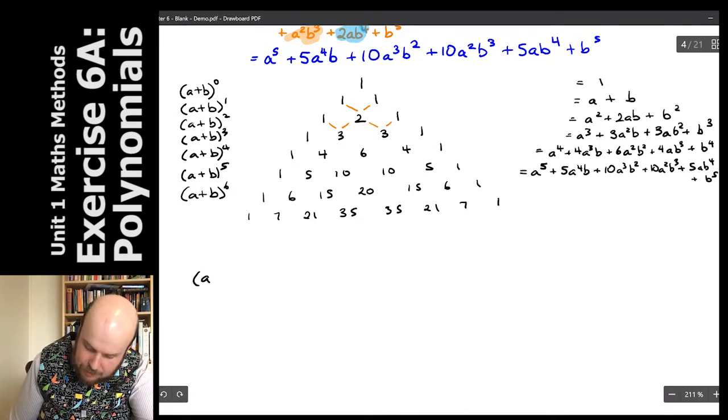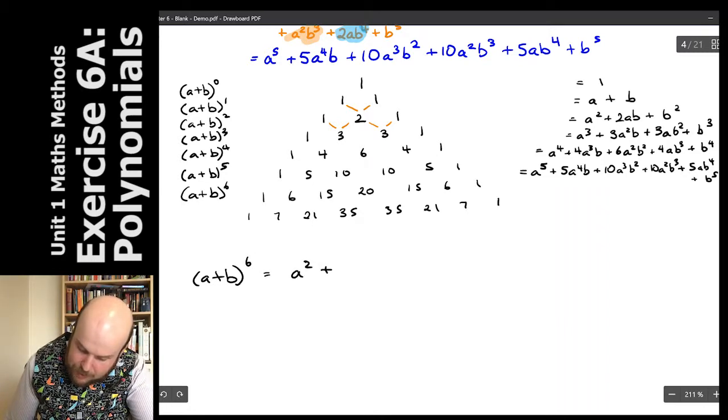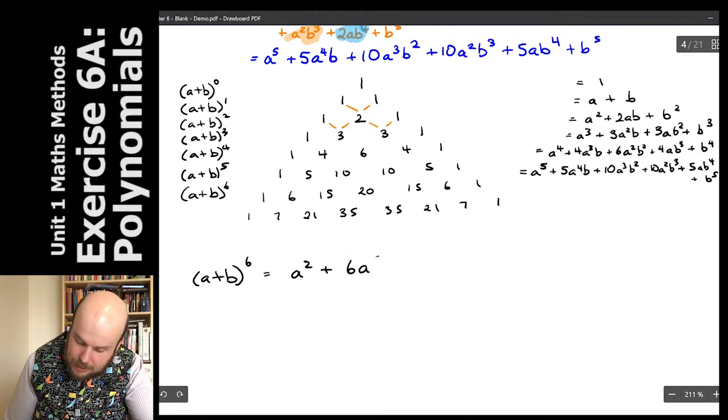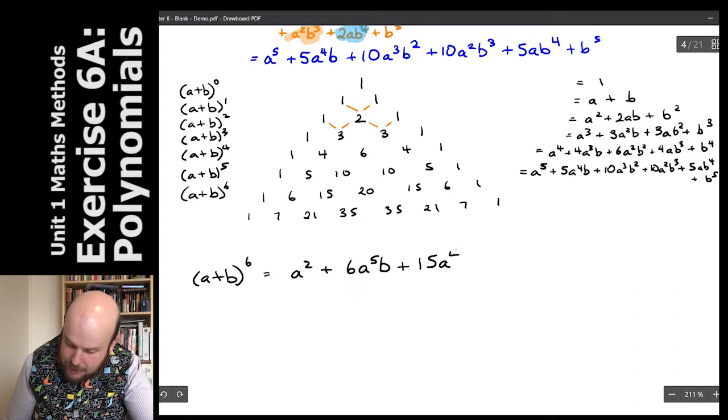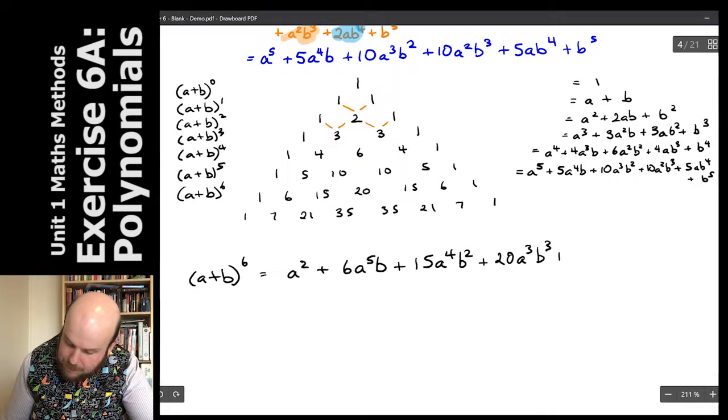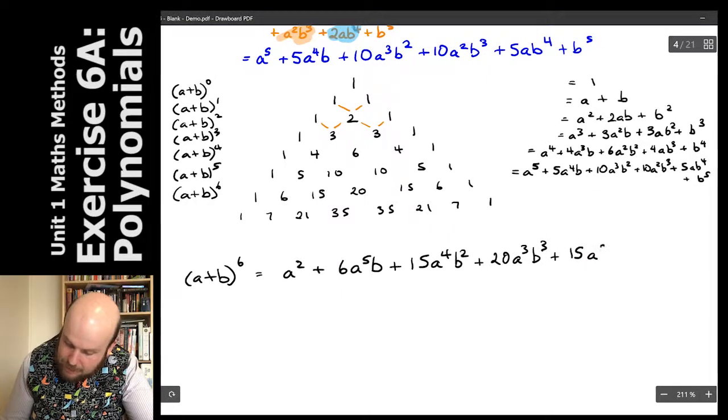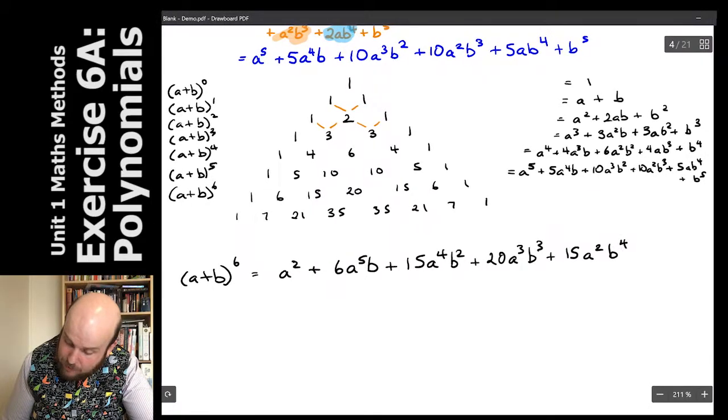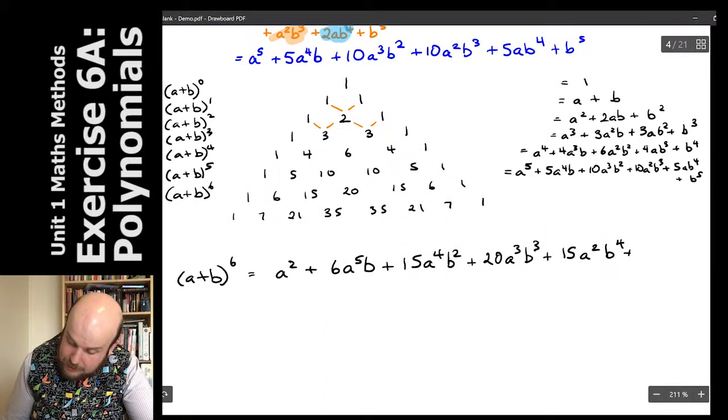So this would lovingly expand out to a to the power of 6 plus 6a to the power of 5 b plus 15a to the power of 4 b squared plus 20a to the power of 3 b to the power of 3 plus 15a to the power of 2 b to the power of 4 plus 6a times b to the power of 5 plus b to the power of 6.